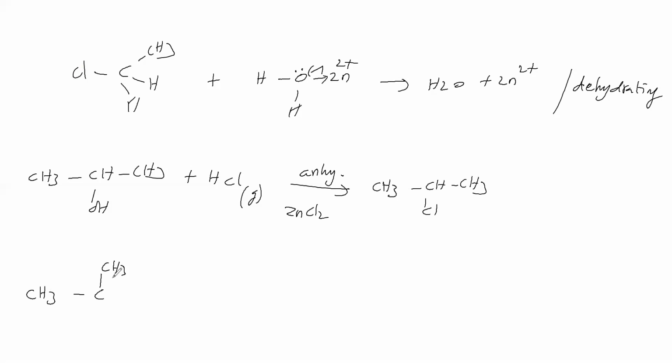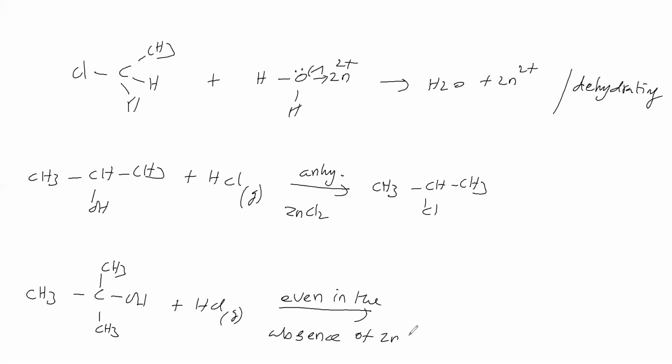We'll take a tertiary alcohol and pass HCl gas. Here the reaction takes place even in the absence of ZnCl2, and we get a tertiary chloride.